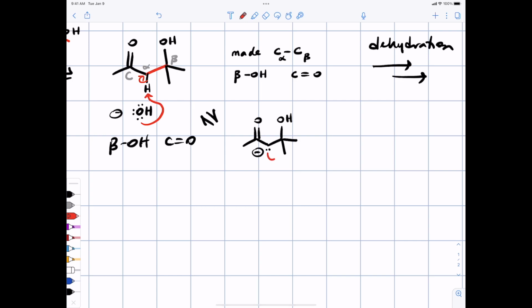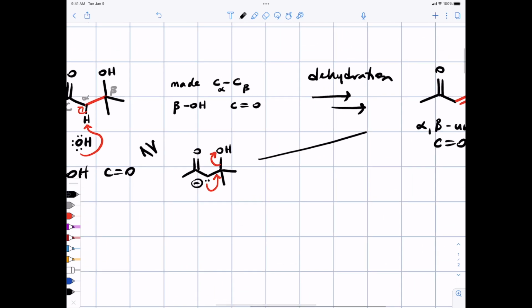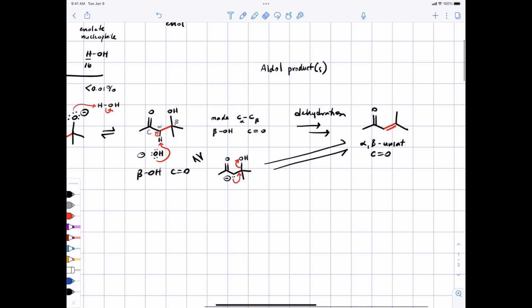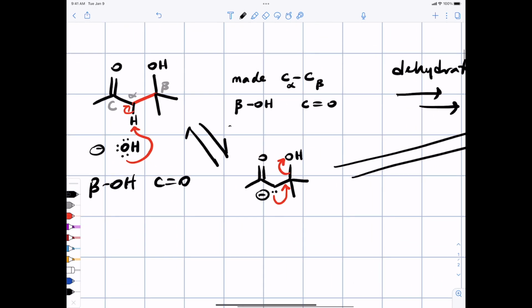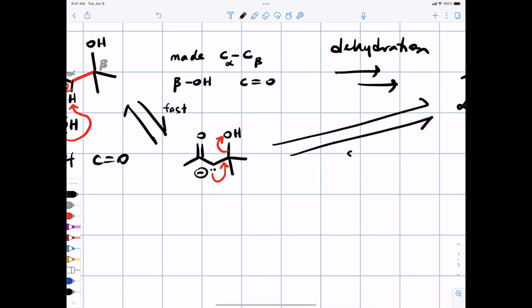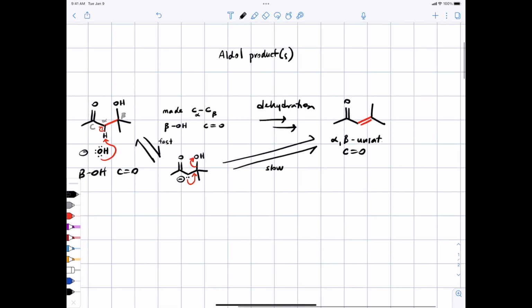And then these electrons finally, in a second step, kick down and kick off the OH group, and that gives you your dehydration product. In this reaction, it's thought that the first step is fast. Removal of the proton is fast, whereas leaving of the OH minus leaving group is slow.